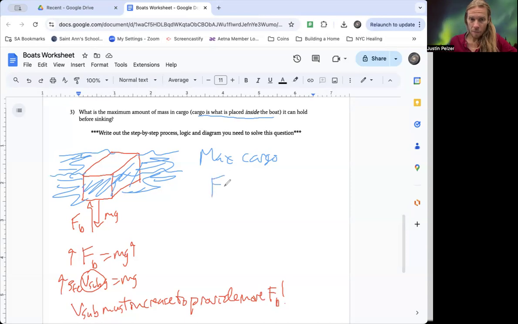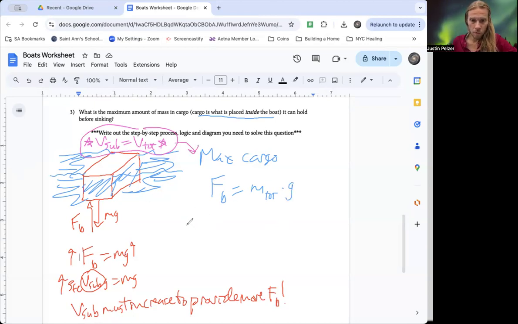So we have FB equals M total times G. But FB is now where V sub, here's the trick. Max cargo is when V submerged is V total because it's all submerged. So this was 16 liters.